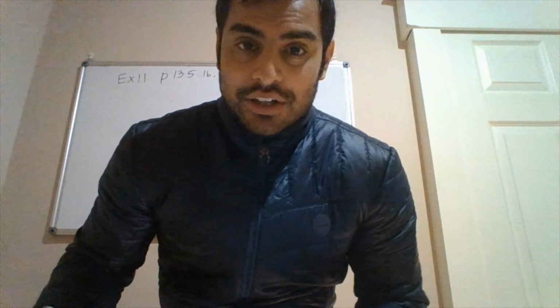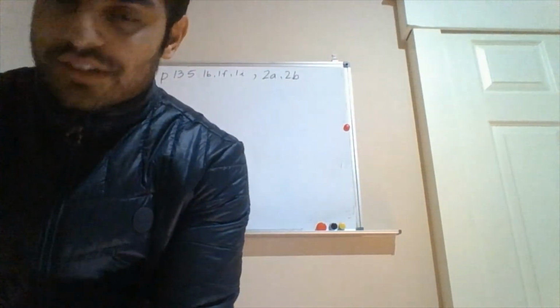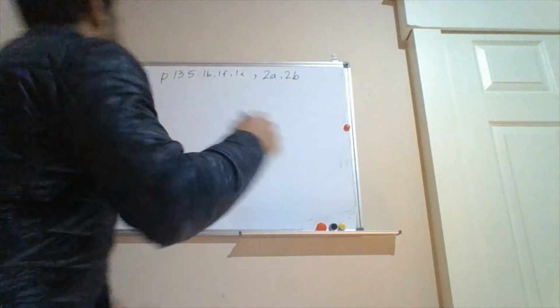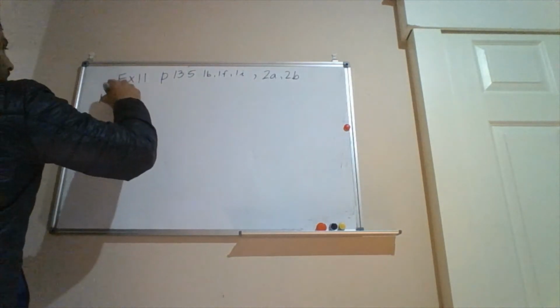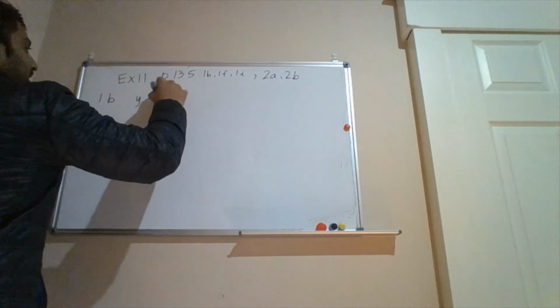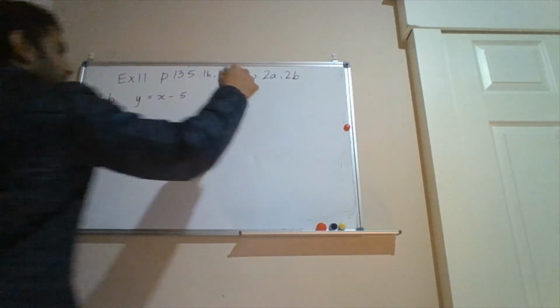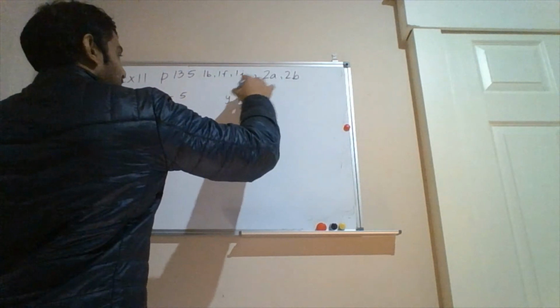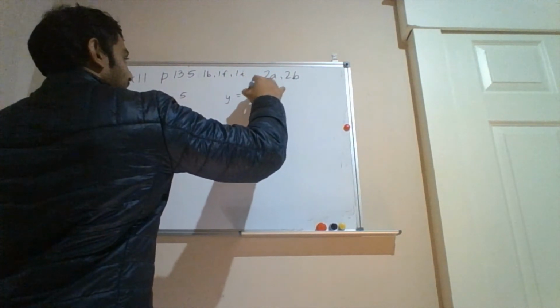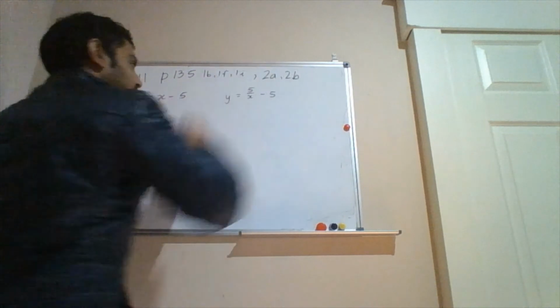For these two graphs, all we're going to be showing is intercepts and asymptotes. There's no turning points. Turning points only apply to parabolas. So let's get started. I just want to write down these functions: 1b, y equals x minus 5, and y equals 5 over x minus 5.